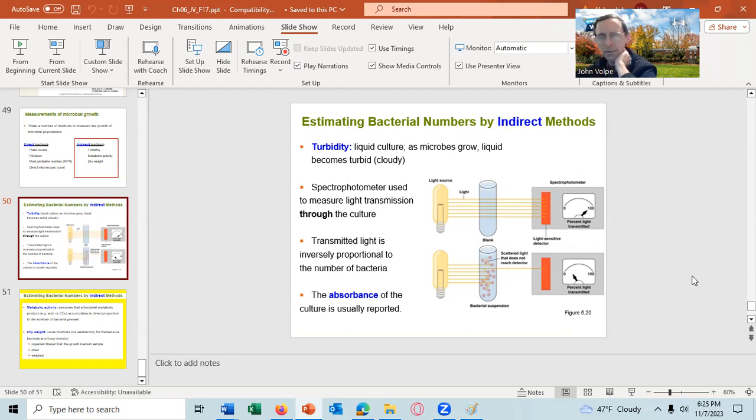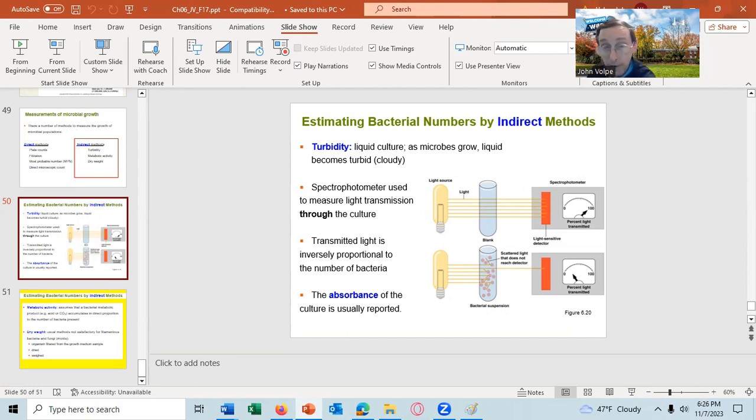Of course, you have to make the chart, and what people do is they will set up a bunch of cells, usually one species, but it could be multiple species, at different density levels, measure the turbidity, and then do a second count to determine the count, like maybe a microscopic count, and then set up your chart. It takes a lot of time to set up the chart. However, once you get the chart set up, you can use it forever.